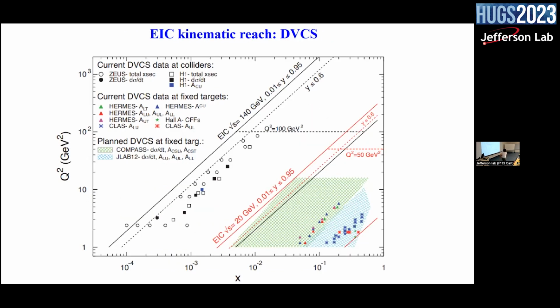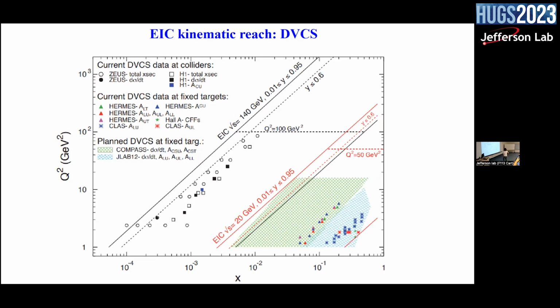From the point of view of the kinematic reach for DVCS, you see here a distribution of x versus Q squared, and with Jefferson Lab, we are here right now, and 12 GeV is the grid here, and the COMPASS covers the green grid, so going towards smaller x, so more in the sea and gluon region.